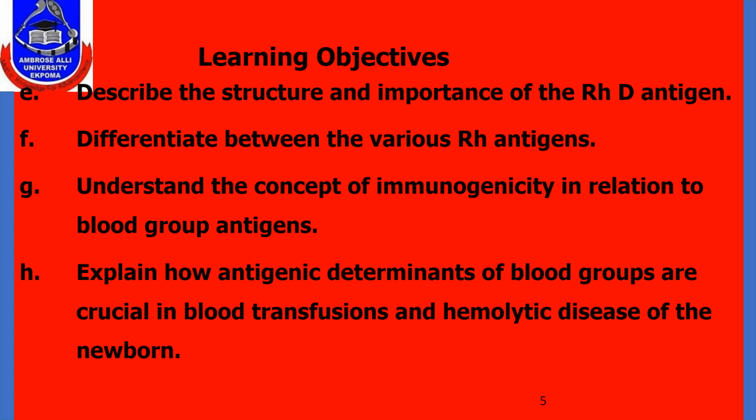Understand the concept of immunogenicity in relation to blood group antigens, and explain how antigenic determinants of blood groups are crucial in transfusion and hemolytic disease of the newborn. Now, the learning objectives may seem lengthy, but they are very easy to grasp. So here we go.